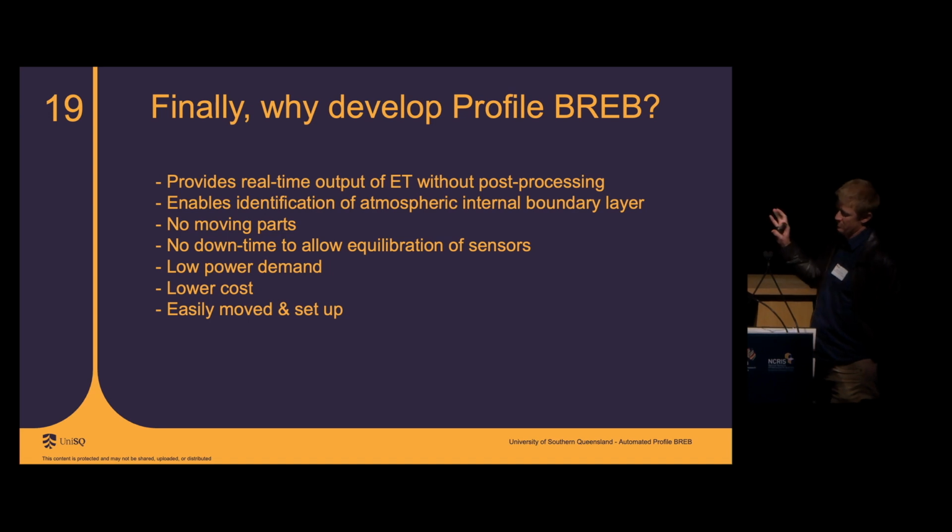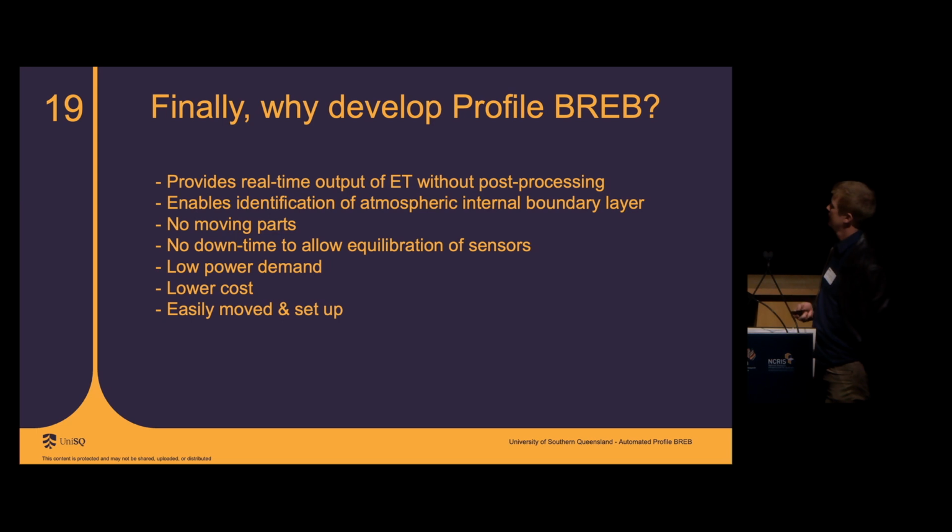With this Profile BREB system, we were able to tie it into our other monitoring systems, and it could give us real-time data because all the processing was done in the logger, and it spat out really good quality data, but it also kept the raw data. We were able to identify the atmospheric internal boundary layer. That's, I guess, more of an academic thing, but it's nice to know that what you are measuring is following the conditions that you require to apply this technique.